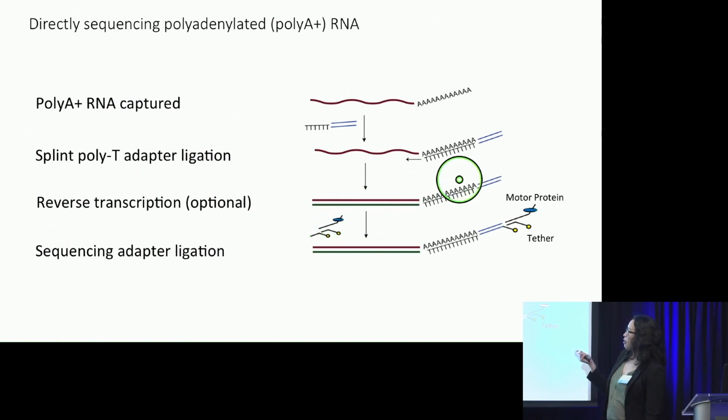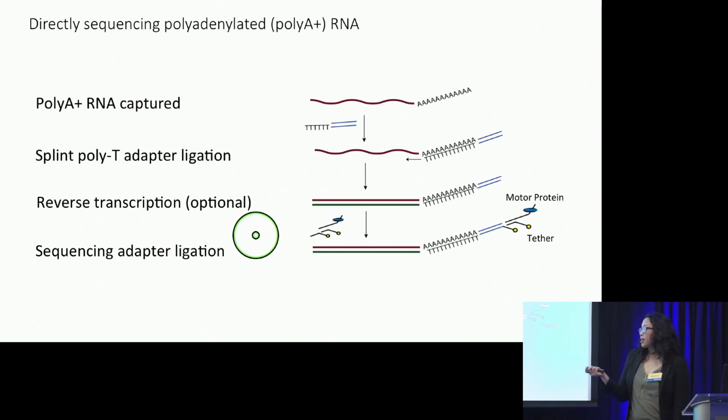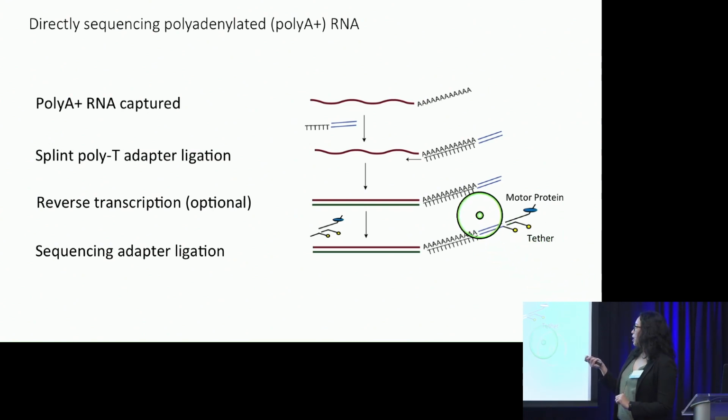But you basically make an RNA-DNA hybrid. So you get one RNA strand and one DNA strand. And again, that just helps to stabilize, or what's thought to help stabilize, the molecule. And then at the last step, you can ligate the adapter for the nanopore sequencing, which includes this motor protein that helps feed the molecule through that pore. And because of this library preparation method, you end up pulling the RNA molecule through the pore.